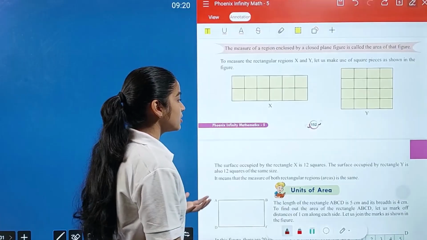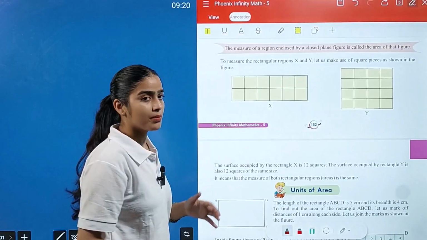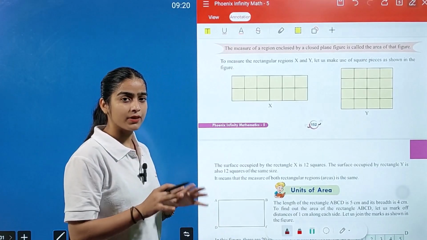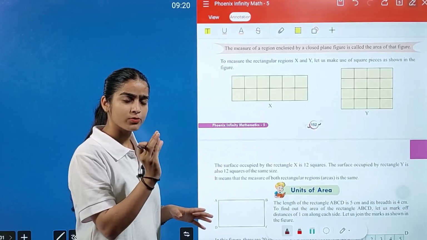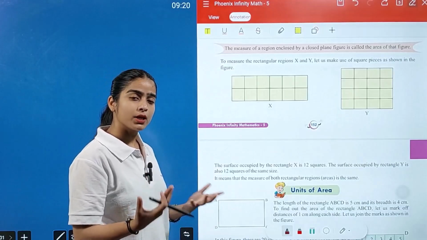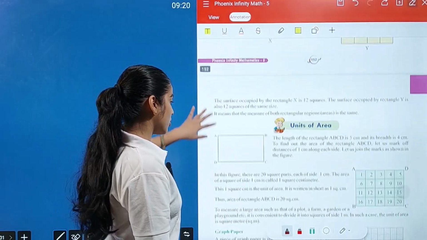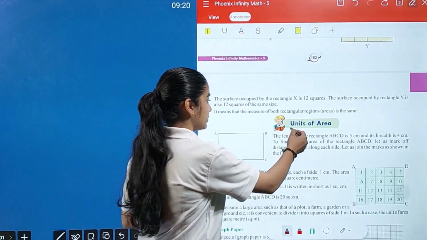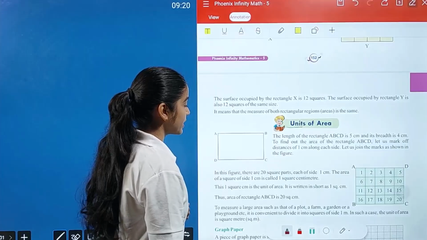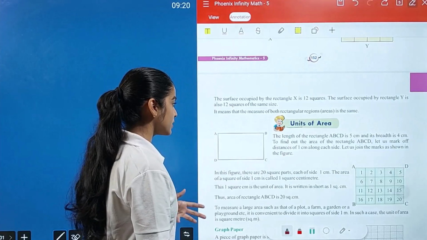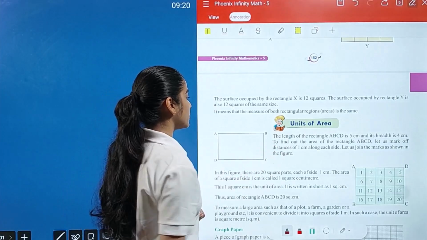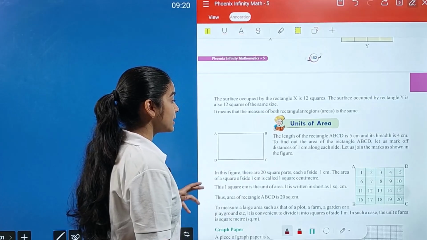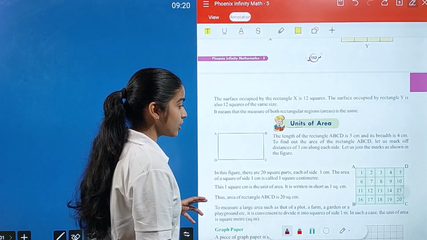Now we can easily measure our regional area by placing it over a sheet, where we have a circular sheet making small circles, and by counting that you can easily tell how much of your area is occupied here. For example, units of area. The length of the rectangle ABCD is 5 centimeter and its breadth is 4 centimeter. To find out the area of the rectangle ABCD, let us mark a distance of 1 centimeter along each side.